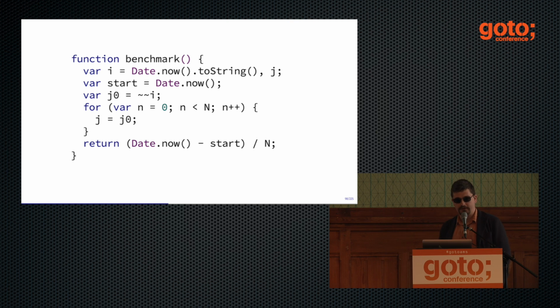They can go even further, and observe that nobody is actually using the j variable. And if nobody is using j, then j0 is not used either. And if nobody is using j0, then maybe i is not needed anymore either. And there are no side effects from computing the toString of the date now.